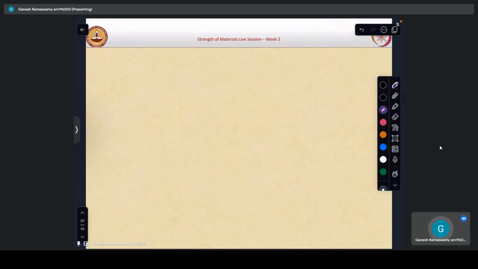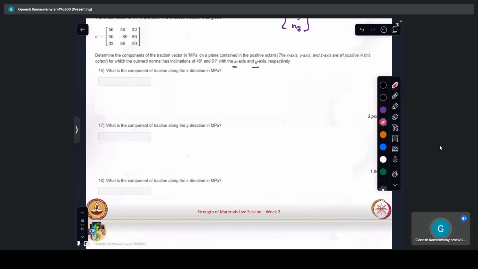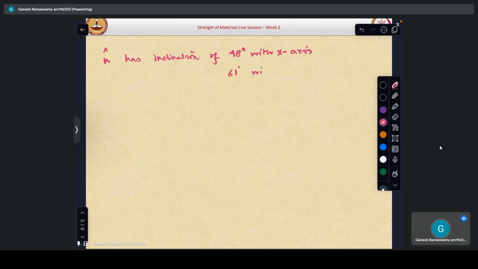So let us see how to go about finding n. So our initial goal is to find n. So n has inclinations of 48 degree with x-axis and 61 degree, if I'm not mistaken, 61 degree with y-axis. So therefore, nx is nothing but cos 48. ny is nothing but cos 61.